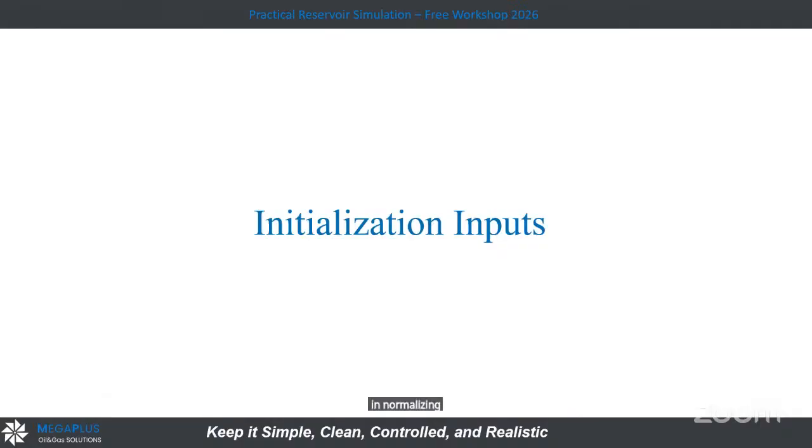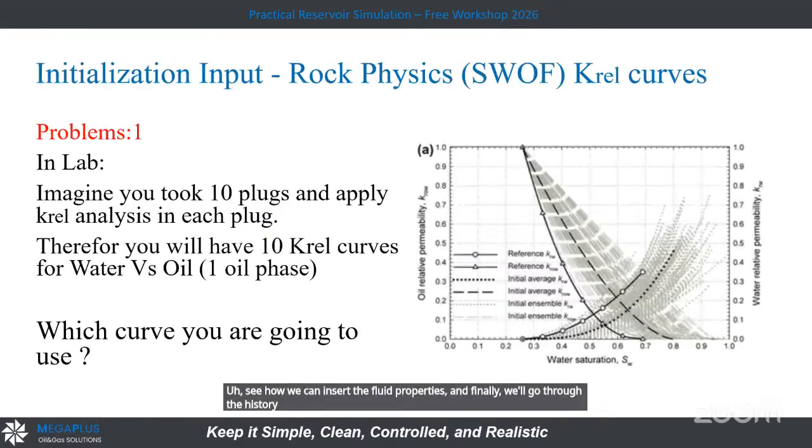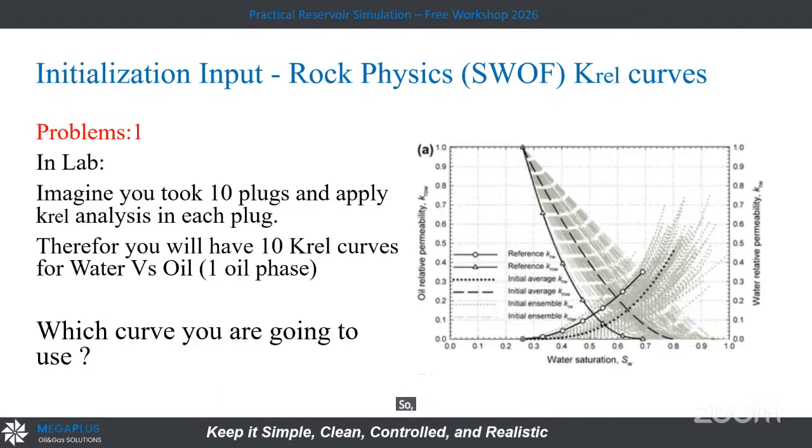And you will see something called the Leverett J-function and all of that before we insert it in the dynamic model. And tomorrow, inshallah, we will see how we can insert the fluid properties, and finally we'll go through the history matching.